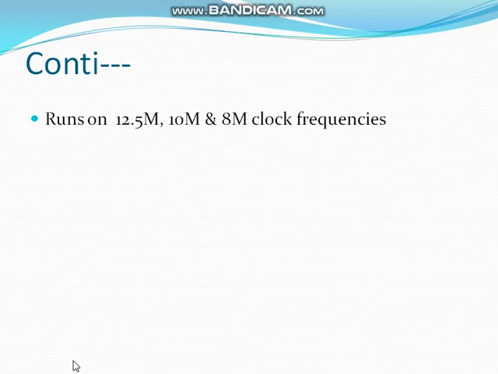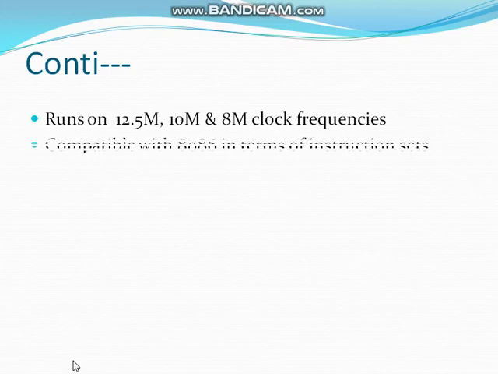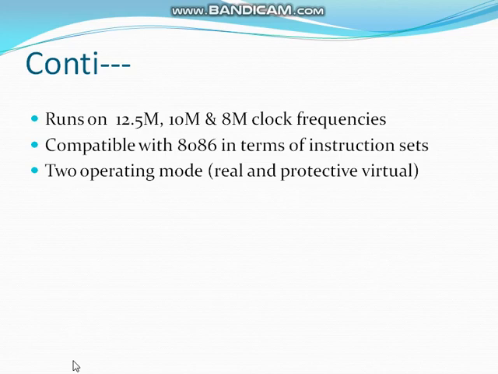It can operate on 3 different clock frequencies, that is it has 3 versions and operates at 12.5, 10 MHz and 8 MHz clock frequencies. The instruction set of 286 is compatible with the 8086.